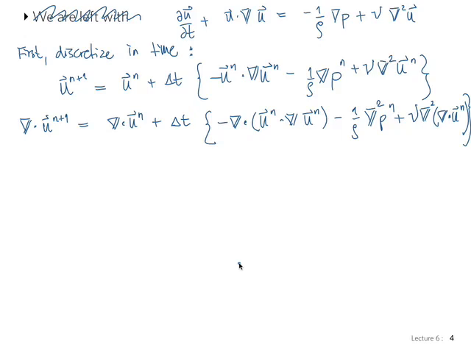In the discrete world, maybe while we're advancing step by step in a numerical calculation, in the numerical scheme, we want a divergence-free velocity at the next step, right?